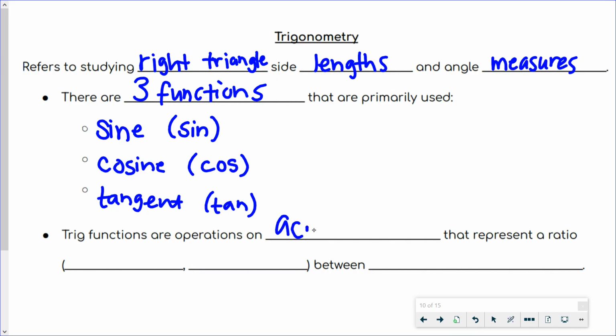So trig functions are operations on acute angles that represent a ratio. Now, a ratio is like a fraction or a relationship.